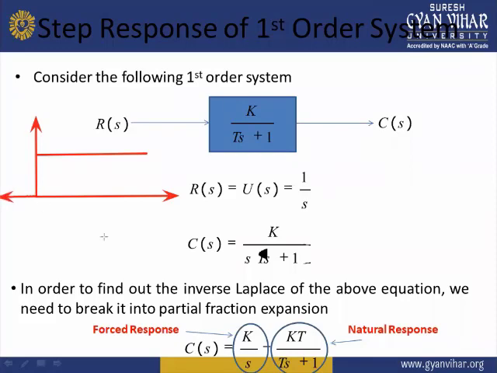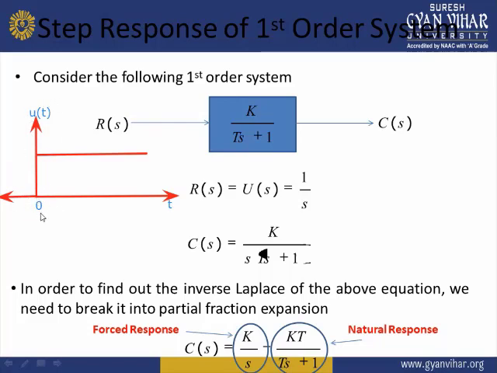For example, this is the time domain, where at t equal to 0, this is your time period. Here u(t) is the magnitude of the signal at a particular instant of time.